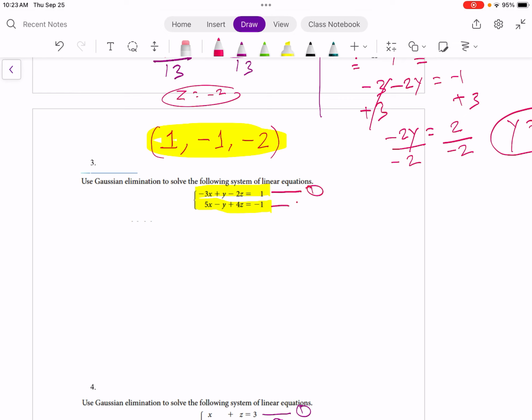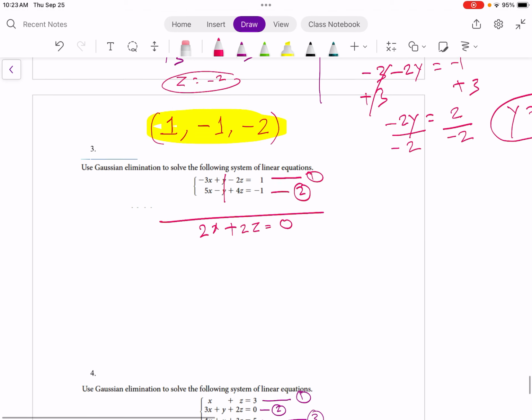So this is 1, this is 2. It's easier to eliminate y, right? One is positive, the other is negative. So let's add these two equations. Negative 3x plus 5x is positive 2x, y is 0, then positive 2z equals 0.